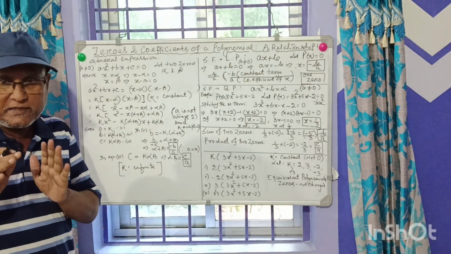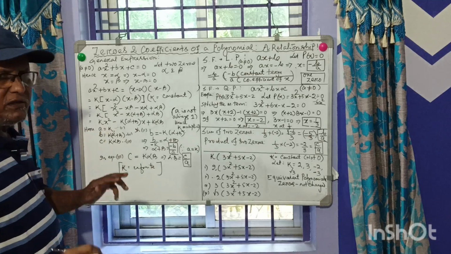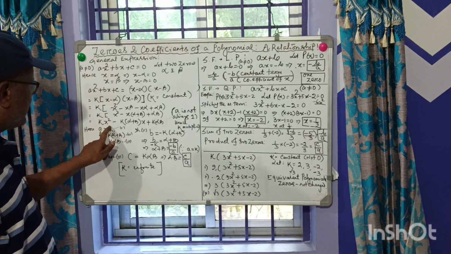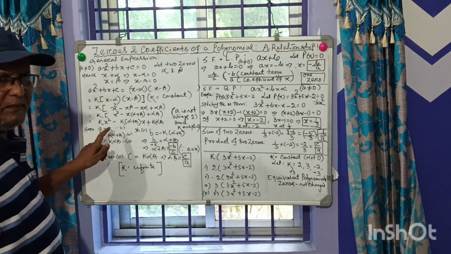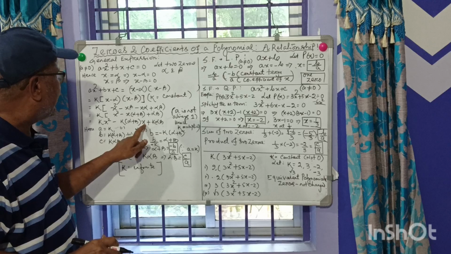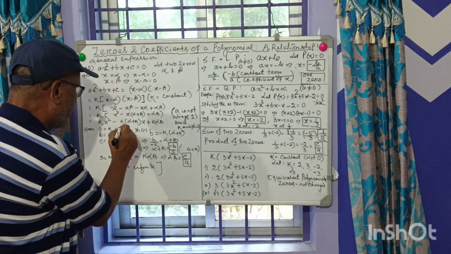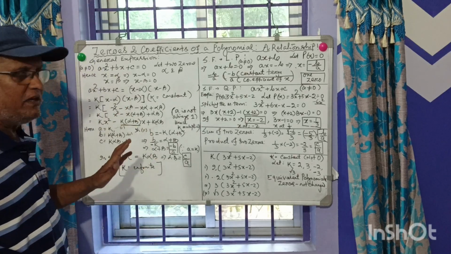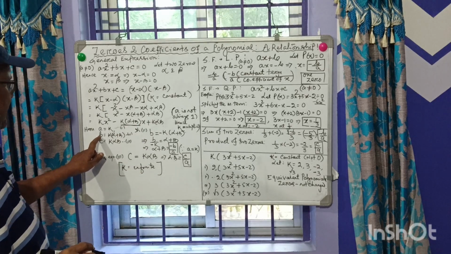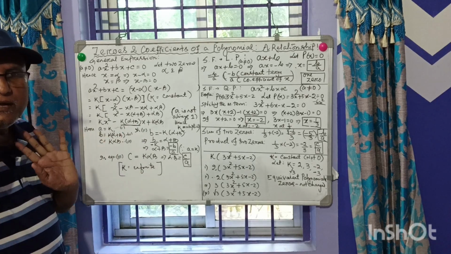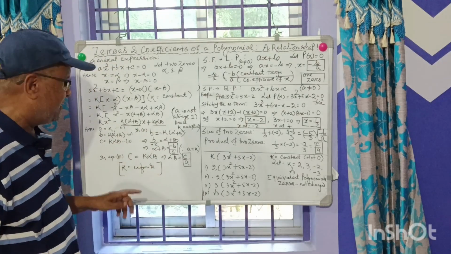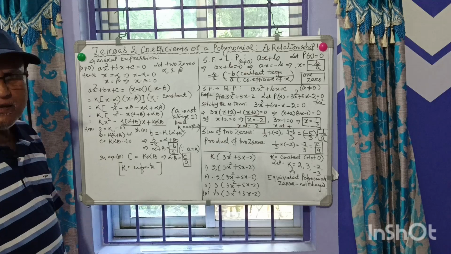Now the trick is, here we got the form of a quadratic polynomial. Look at ax². Here a is k, meaning k is the coefficient of x². And the total expression with x is b, the coefficient of x, so we have b is equal to -k(alpha + beta). And c, the constant term, is k alpha beta.